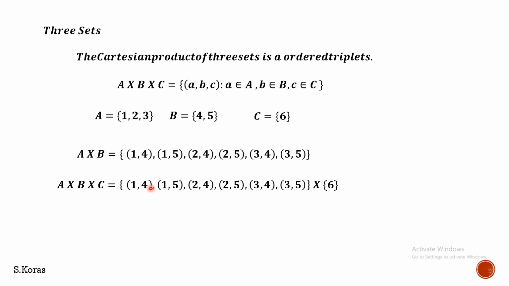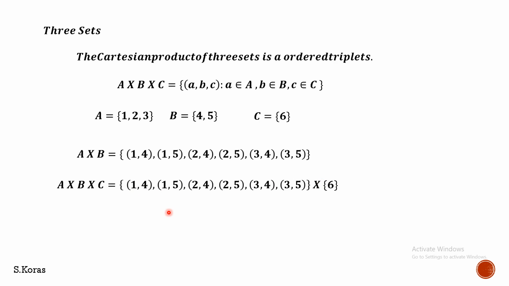Now if we cross it, 1 comma 4 will act with 6, then 1 comma 5 will act with 6, like that it will be going on. In case we have one more element, for example if it is 6 comma 7, then 1 comma 4 will be acting with 6 first, then 1 comma 4 will be acting with 7 next. But here we have only one single element 6, so each element of A cross B will be acting only once.